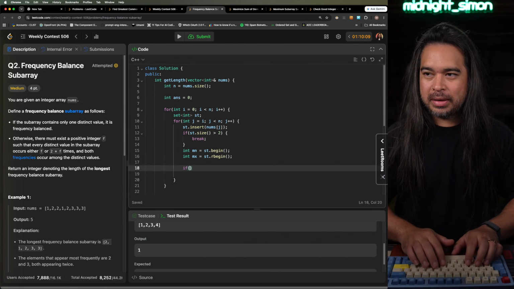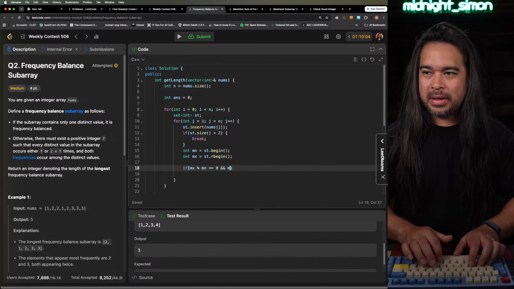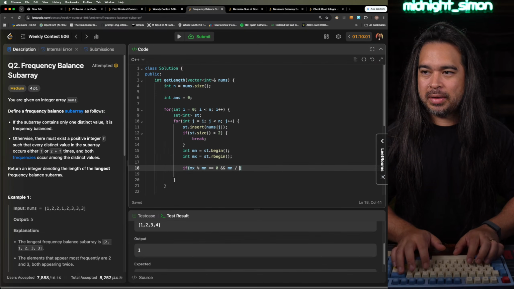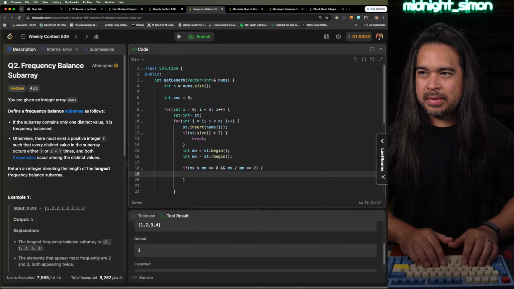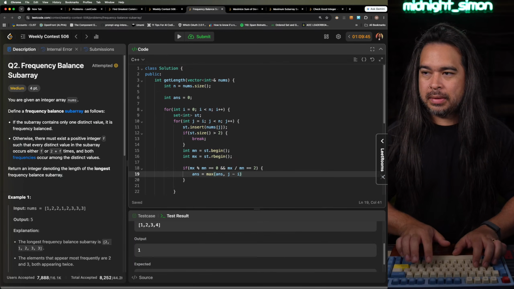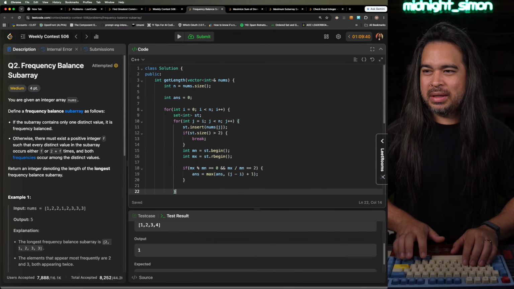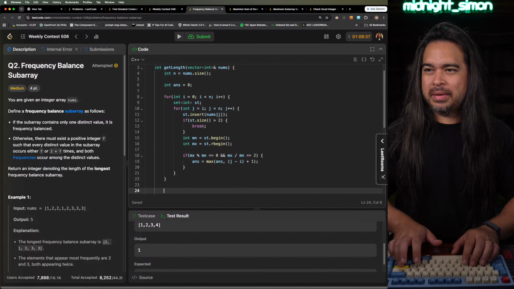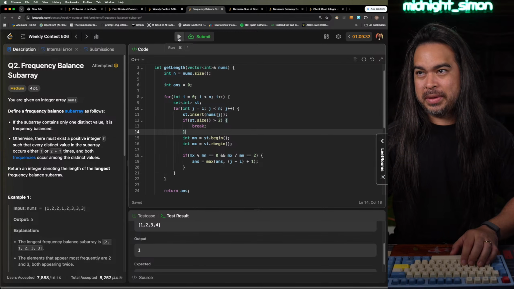So I'm checking if max mod min is 0 and max divided by min is 2, then is it j minus i plus 1? We'll see.